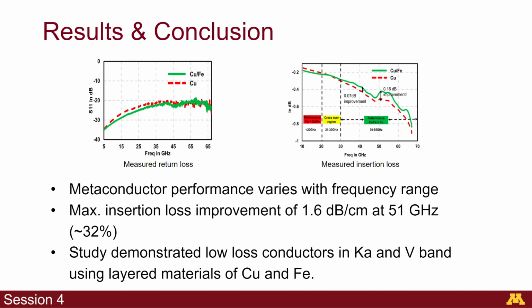Then, performance starts to improve, transitioning between 20 and 30 GHz. Between 30 and 67 GHz, the metaconductor performs better than the copper conductor with maximum improvement of 0.16 dB at 51 GHz. That reflects a 32% reduction in resistance.